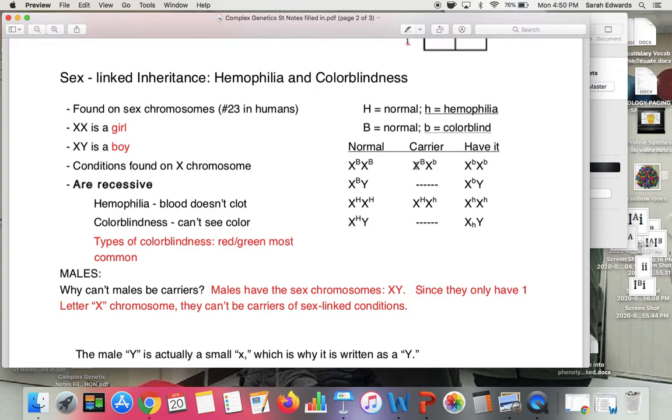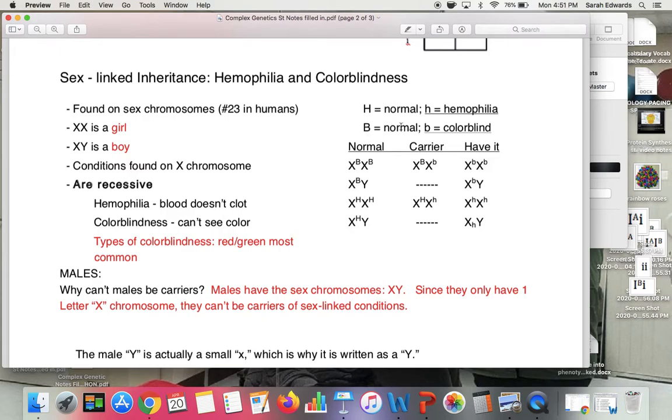What are these two X's here? They're a girl. What is this XY over here? A boy. The X's and the Y's you don't have to memorize because you already know XX is girl, XY is boy. Now, normal, which in this capital H example means you do not have hemophilia.